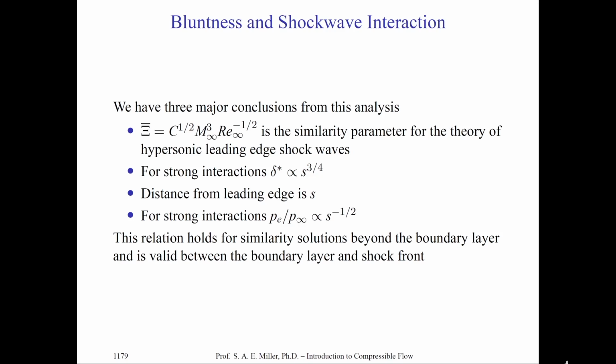This is a similarity parameter of hypersonic leading edge shocks. For strong interactions, the displacement thickness will go as s to the 3/4, where s is the distance from the leading edge. And for strong interactions, Pe over P infinity will go as s to the negative half. These relations will hold for all similarity solutions beyond the boundary layer and is valid between the boundary layer and, of course, the shock front.